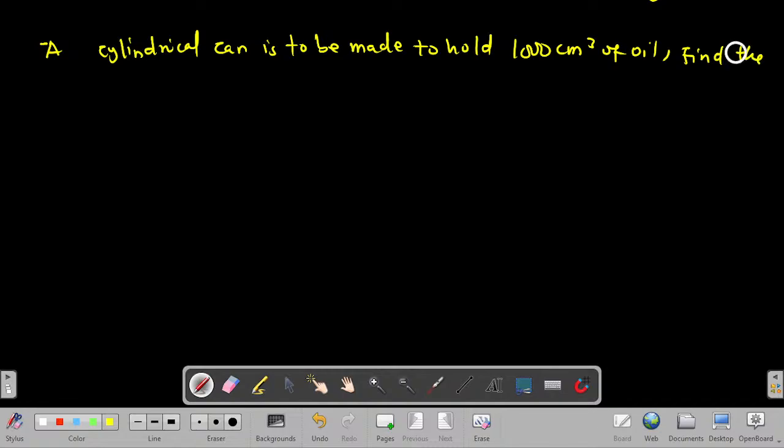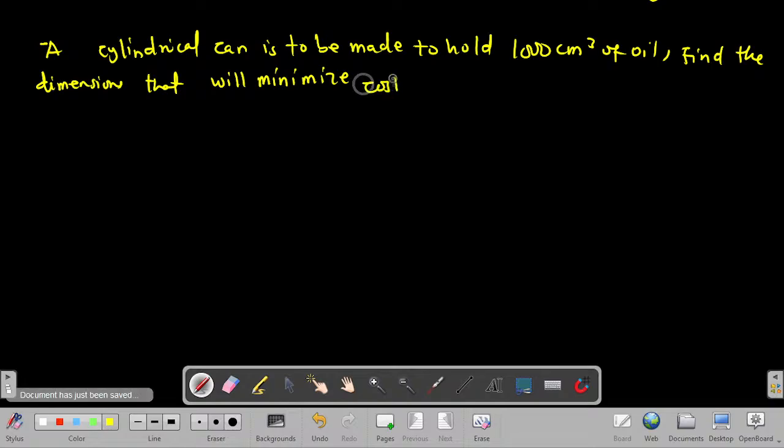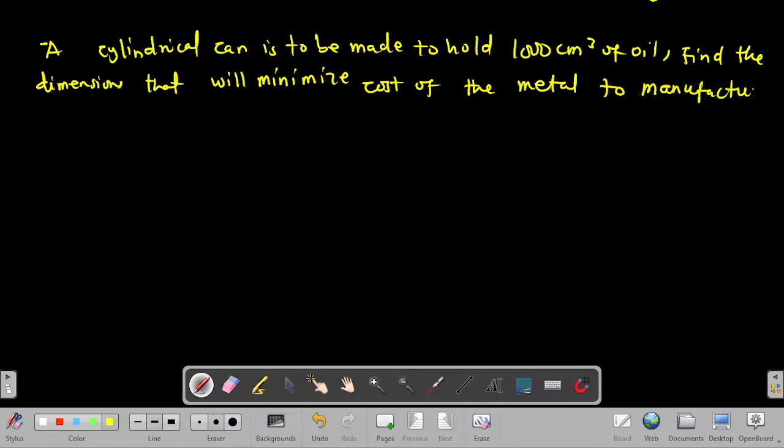Find the dimensions that will minimize the cost of the metal to manufacture the can.